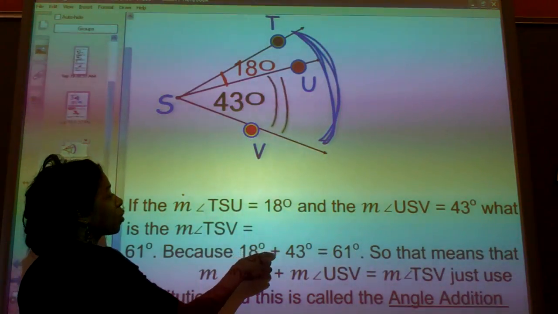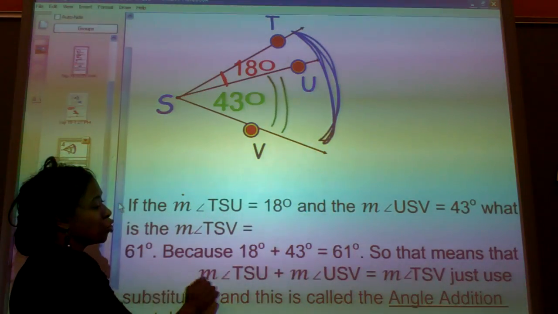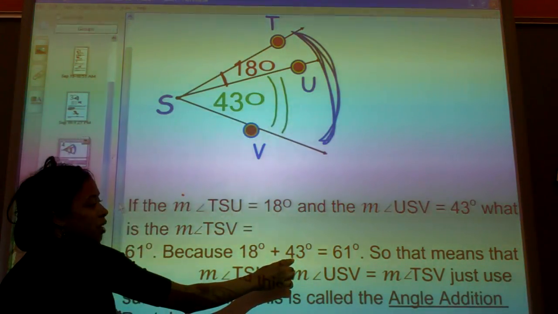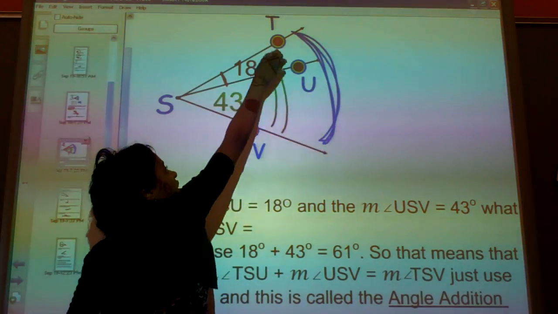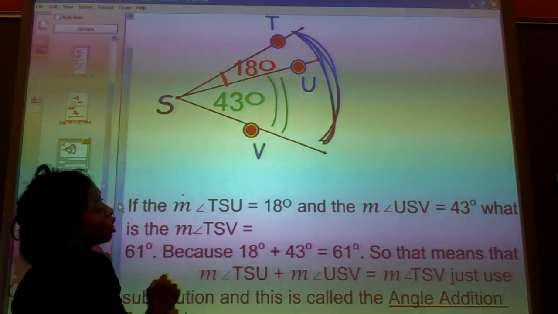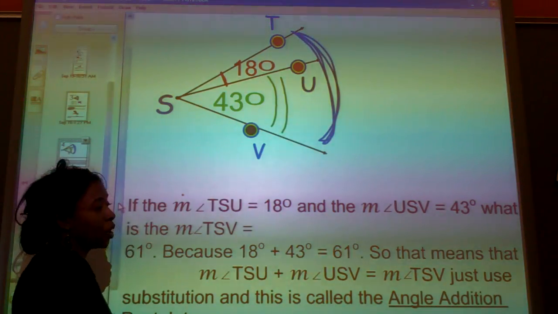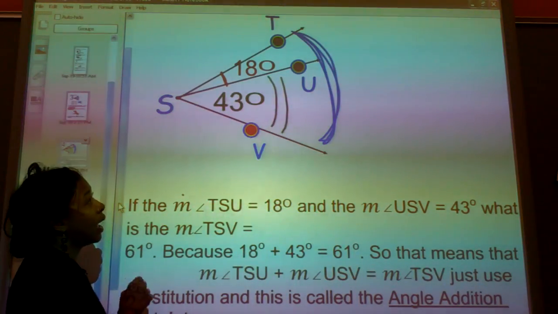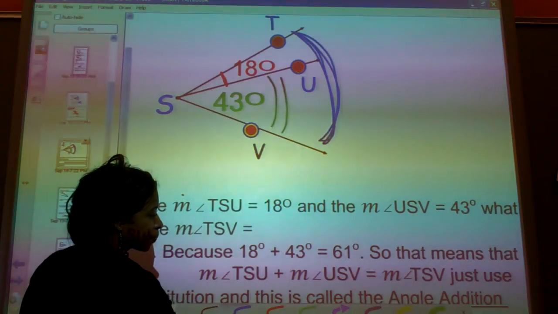We have 18 degrees for the measure of angle TSU plus the measure of angle USV, which is 43 degrees. When we combine that, we get the entire measure of angle TSV, 61 degrees.